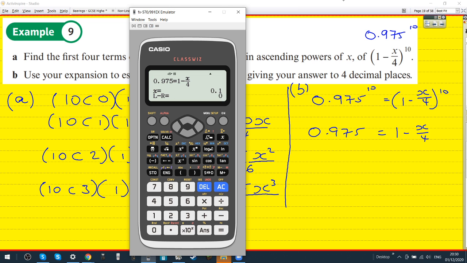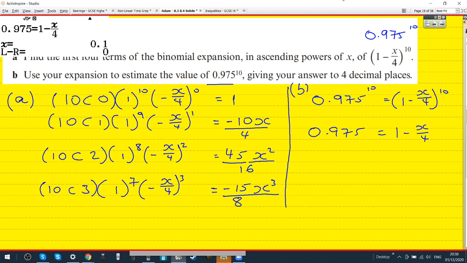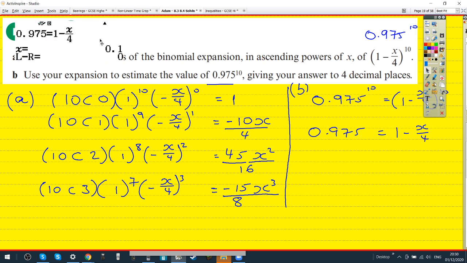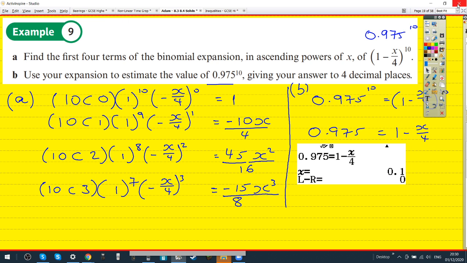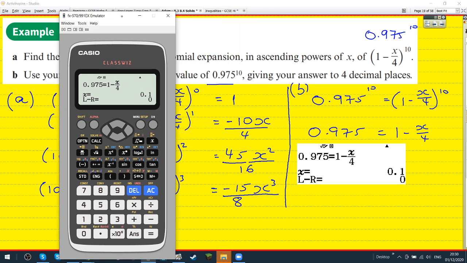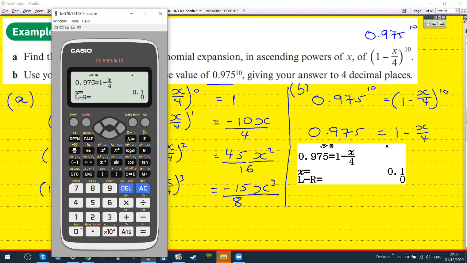So x is 0.1. What do you do with that? You sub it into our expansion. When you say expansion, which one? So I'll just put 0.1 saved as the answer.